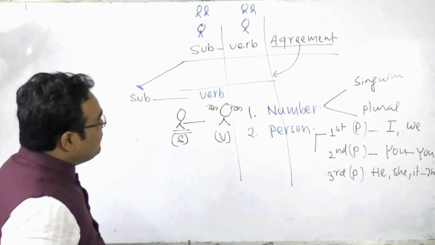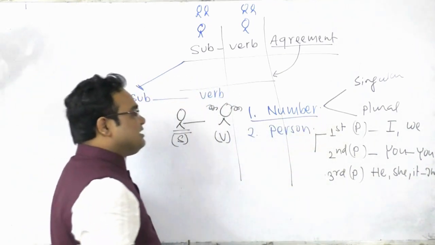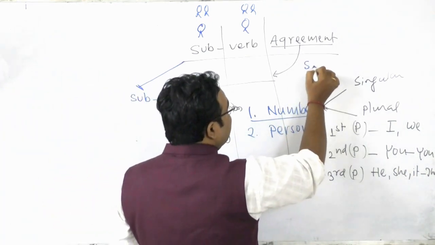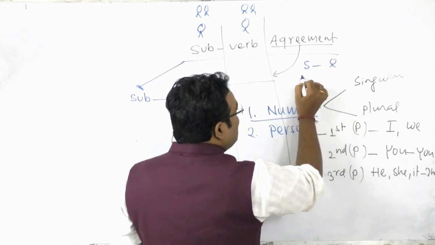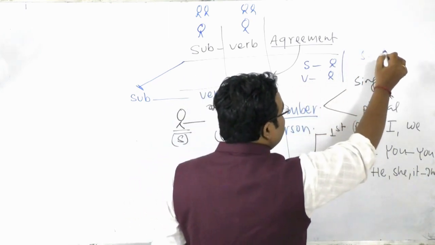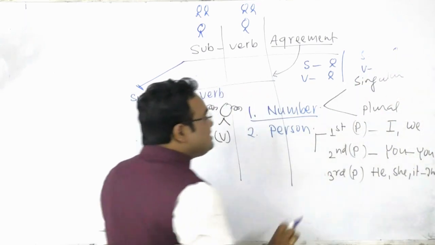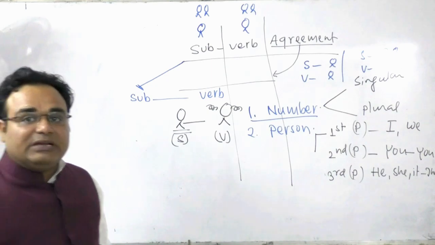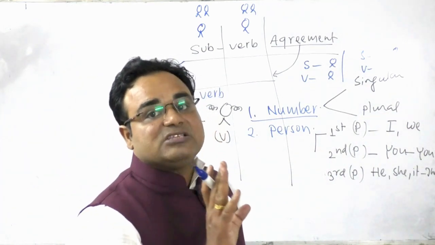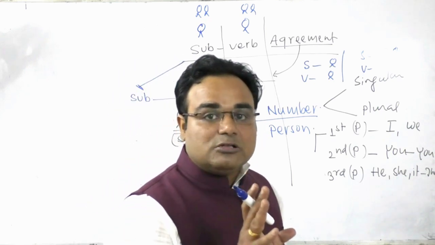Number one. The first condition of subject verb agreement is that if the subject is singular, the verb is also singular, and if the subject is plural, the verb is also plural.